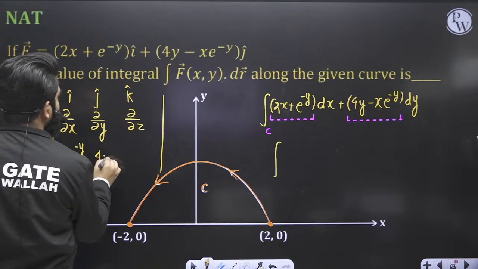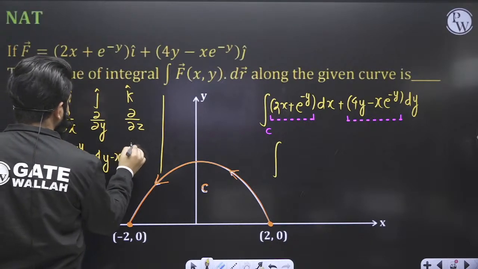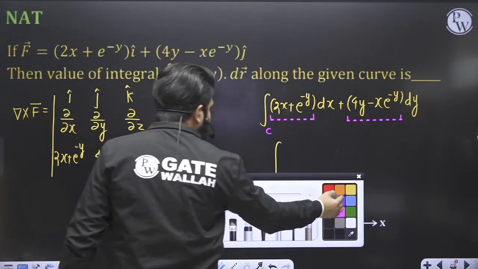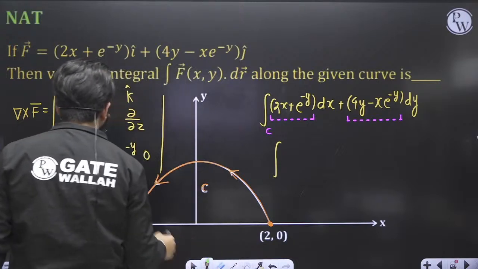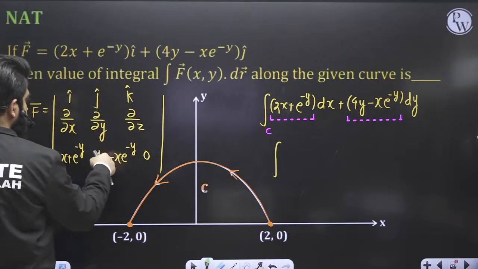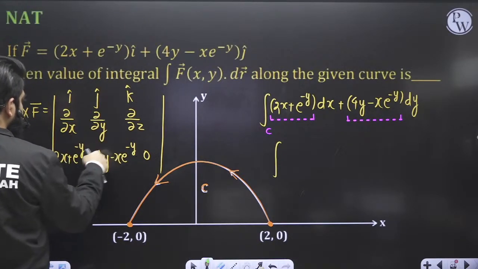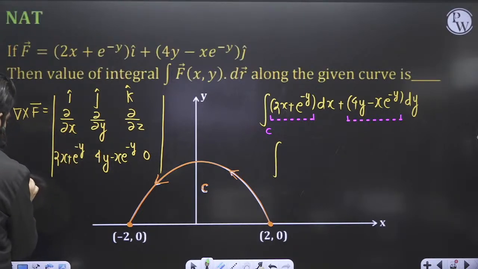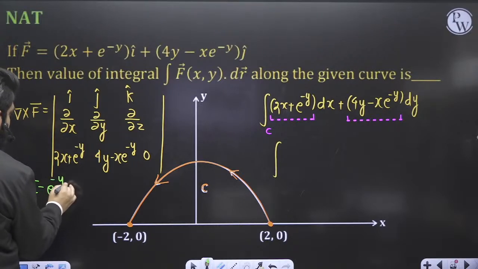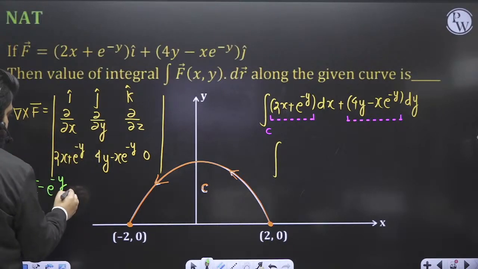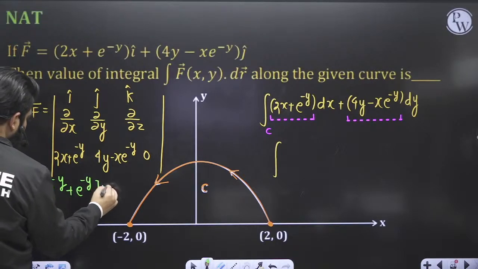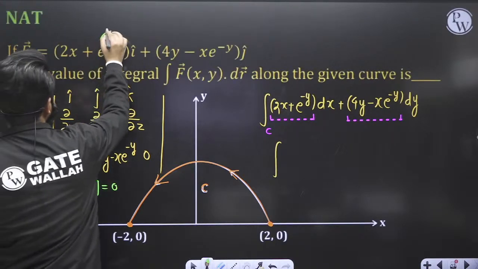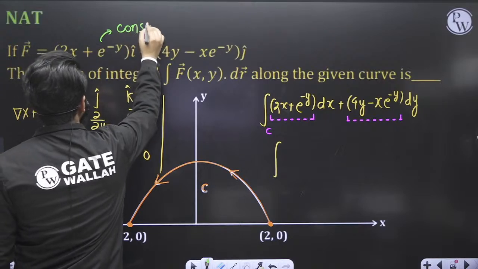This becomes 4y minus x e to the power minus y, 0. Now I'll be solving this expression. So 0, 0, 0, 0. Now let us solve this. Del by del x becomes minus e to the power minus y, del by del y becomes the same, so this is coming out to be 0, which means this field is conservative.